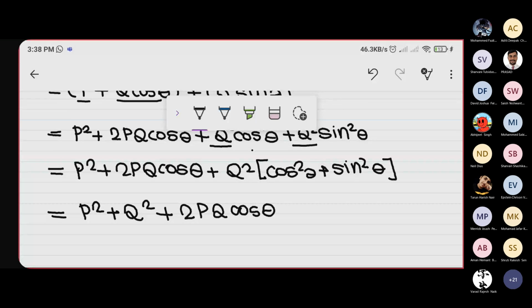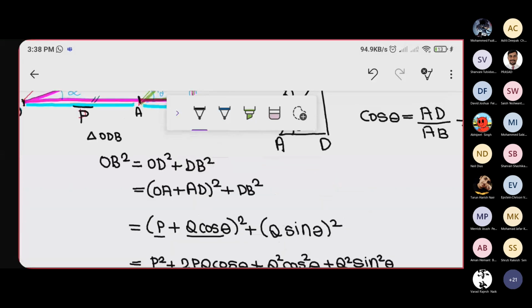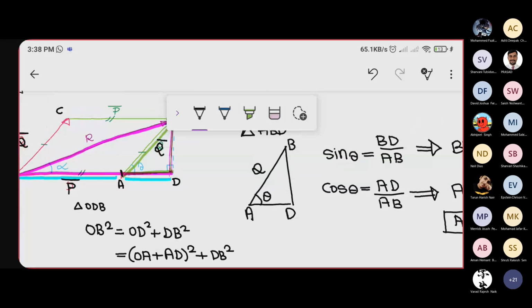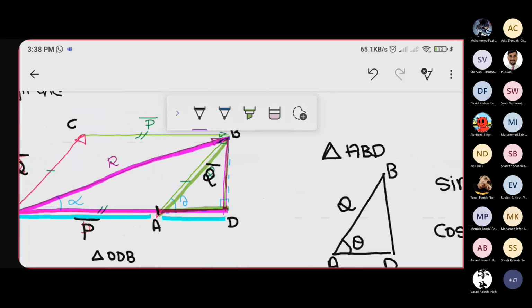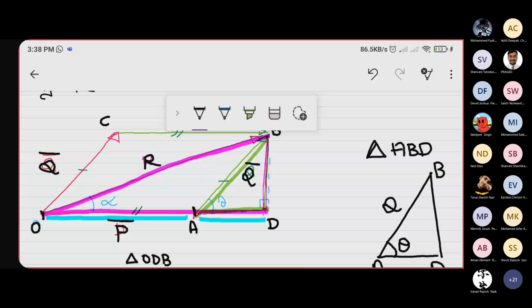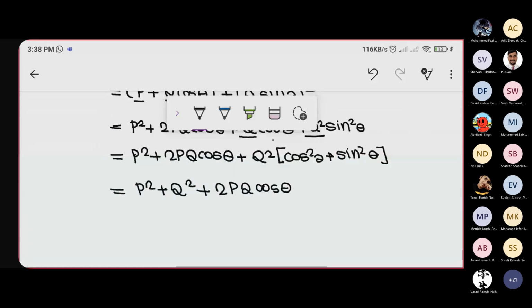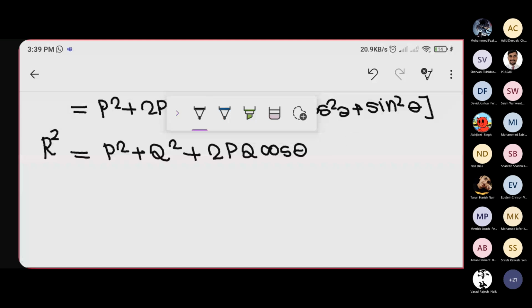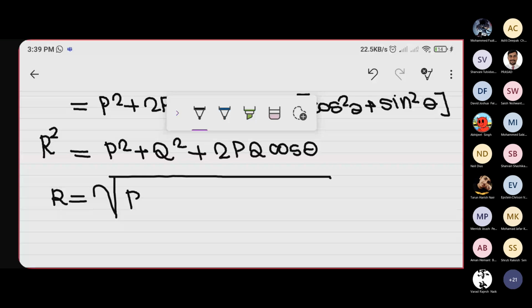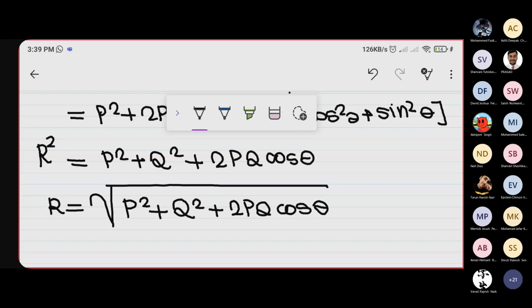From where we started, it is OB square. What is OB? We represent it by letter R. So R square is equal to this. So instead of R square, we can write R is equal to square root of P square plus Q square plus 2PQ cos theta.